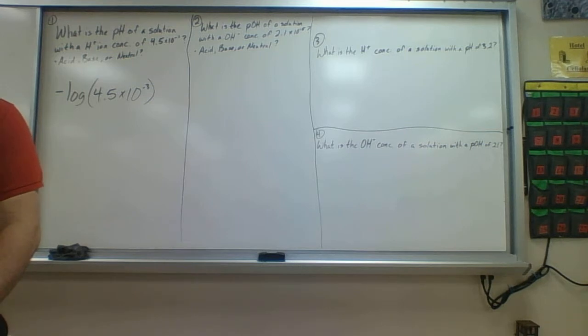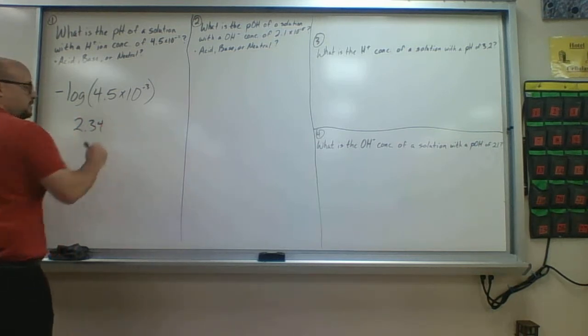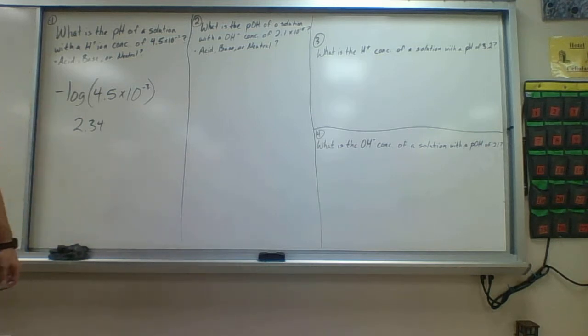All right. Negative log, scroll to the right, 4.5 times 10 to the negative third. That gives us 2.34679.